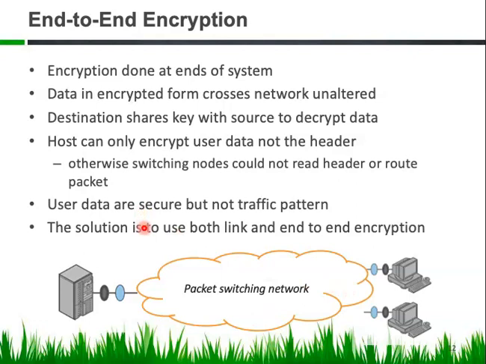So with end-to-end encryption, the user data are secured, but not the traffic pattern. Someone can still monitor the traffic pattern and know the destination or the path that the packet takes. The packet headers are still not secure. So the best solution is to use both link and end-to-end encryption.